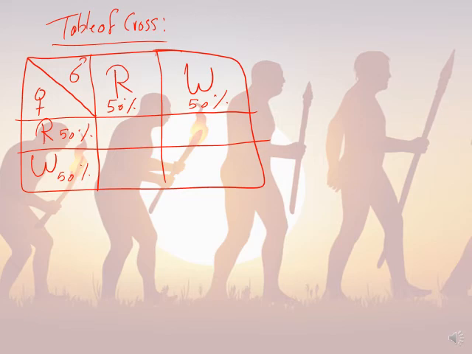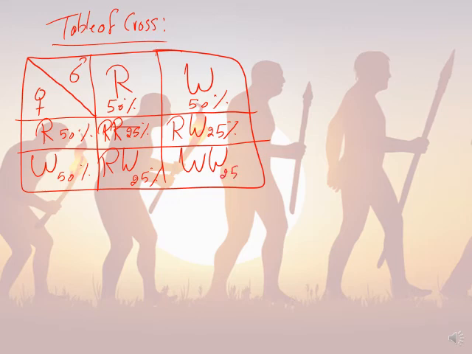R crossed with R is going to be RR, 25%, 50 times 50 over 100. Then RW 25%. Also here we'll have RW 25%, and the final will be WW 25%.